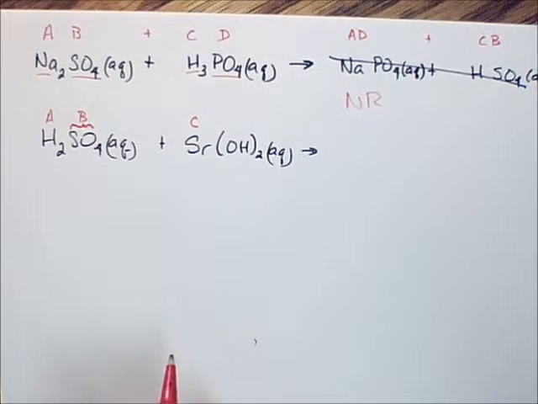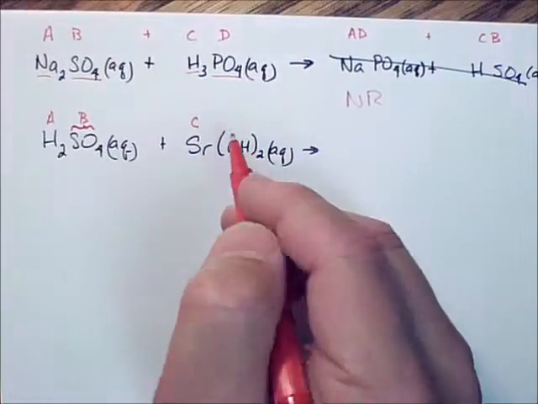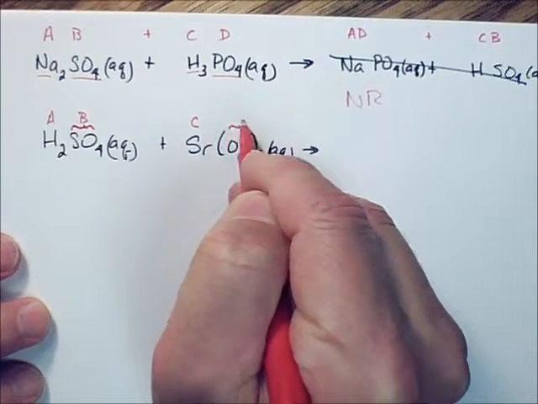If you're not sure, if there weren't any parentheses there, you look it up on the common ions list, and you'd find hydroxide is a polyatomic ion. Here's hydroxide, OH with a 1 negative charge. So that's our D part.